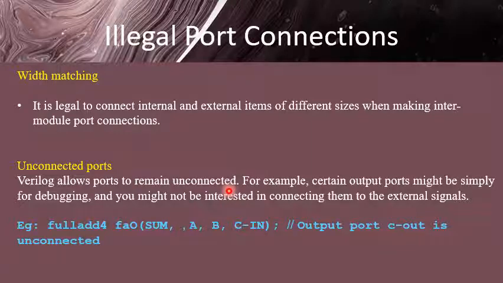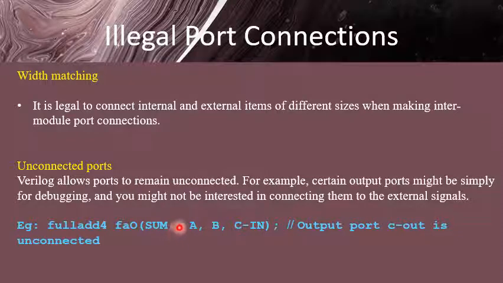Here is an example where I have taken the same 4-bit full adder and instantiated it somewhere. full_add4 is the name of the module, FA0 is my instance label, and inside, as you must have noticed in the earlier slides, there was a port list of five: sum, Cout, A, B and Cin.